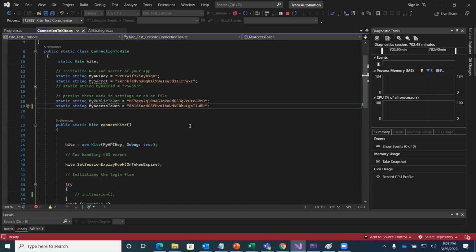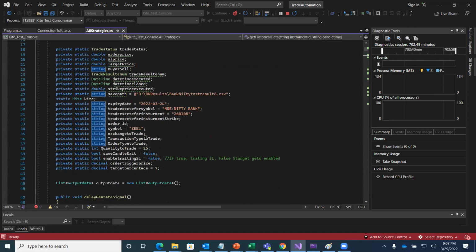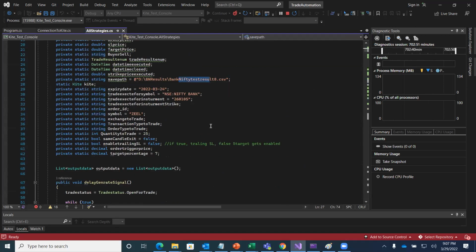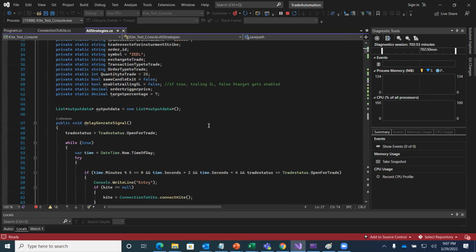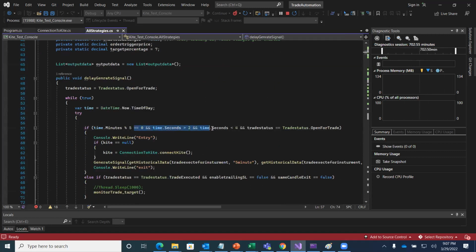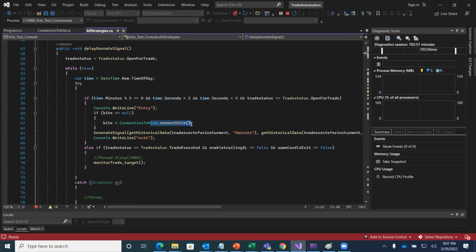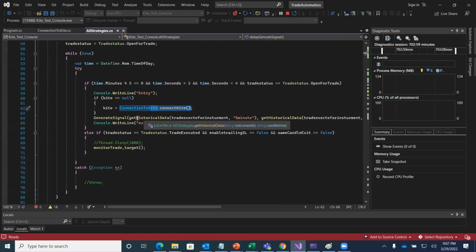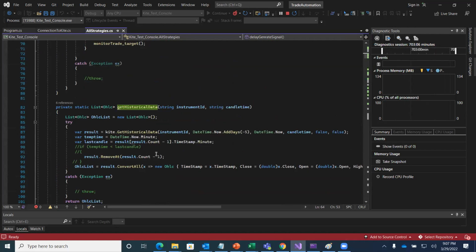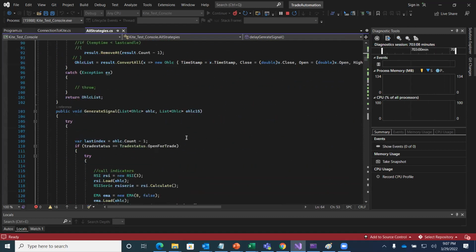For this, what is very, very important? The important thing is getting the OHLC data. See, Bank Nifty only we are trying. Get historical data is nothing but it gets all the OHLC data of the past and then puts the analysis on that. So this is what we're trying to achieve.